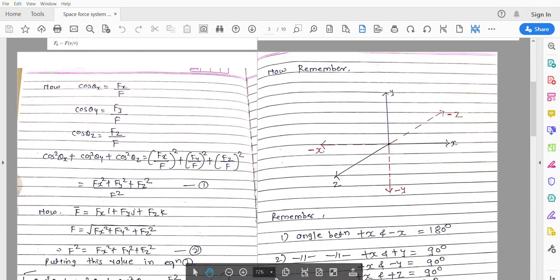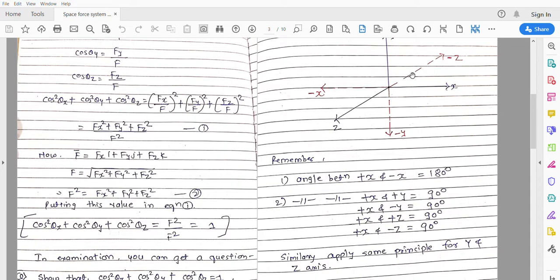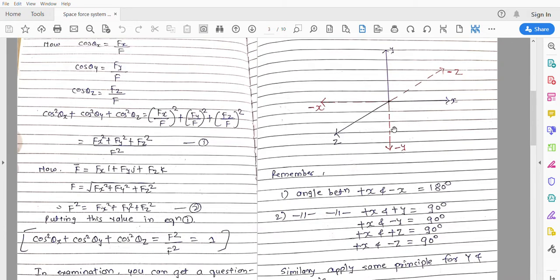Now in case of space forces, do remember that we have three axes x, y, and z, and we have other three axes also: minus z, minus y, minus x. The angle between like axes, meaning positive x, positive y, positive or negative z, is 180 degrees, and the angle between unlike axes, any unlike axes, is 90 degrees.